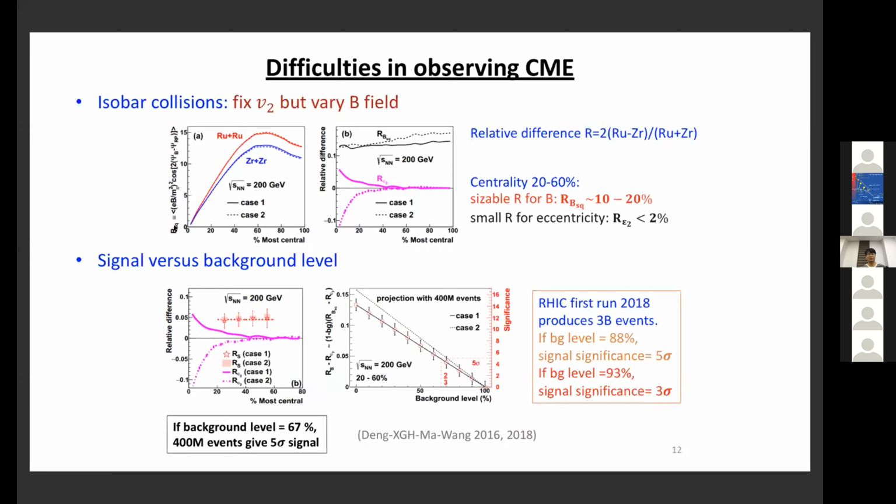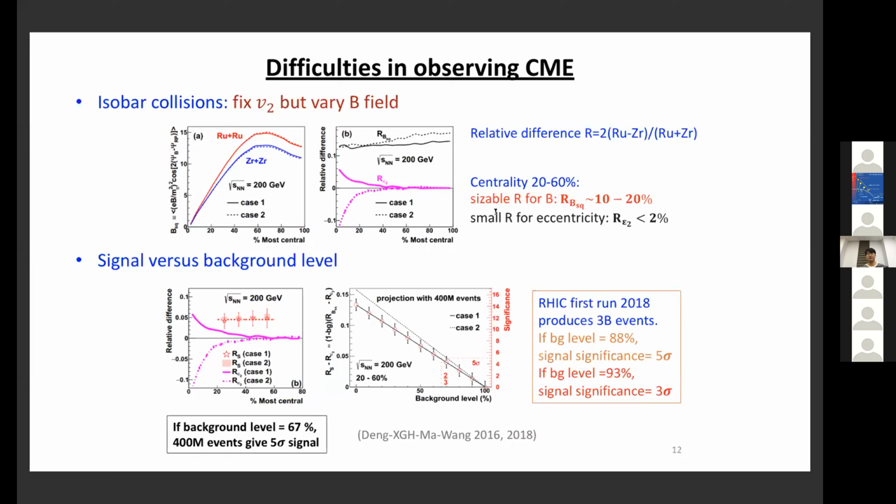Here I show you the magnetic field squared projected to the direction perpendicular to the reaction plane. And you can see that the relative difference between these two systems for the magnetic field squared is about 10 to 20%.